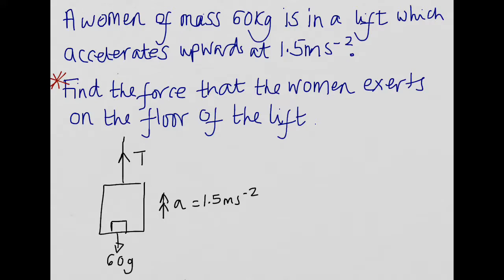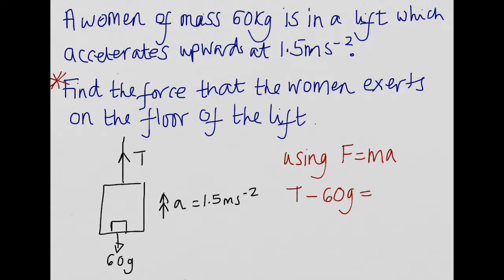So the first bit, I'm going to use F equals ma. And the force in the direction of the acceleration is T. Forces that are acting in the opposite direction, 60G. So therefore, my overall force is T subtract 60G.